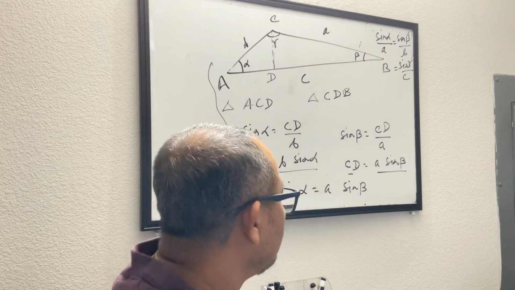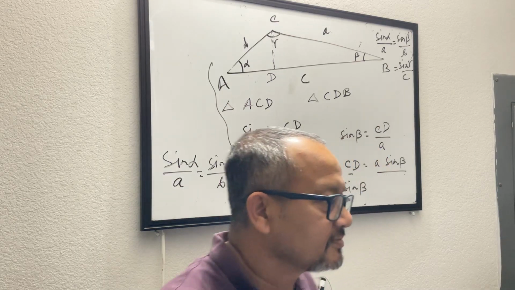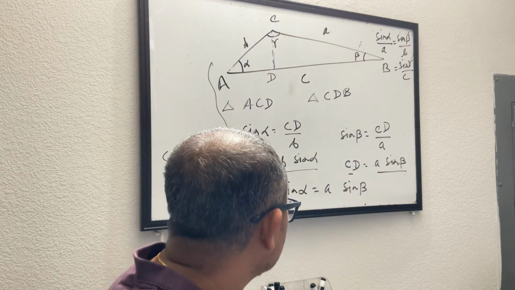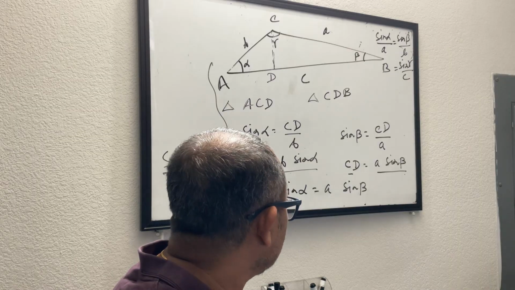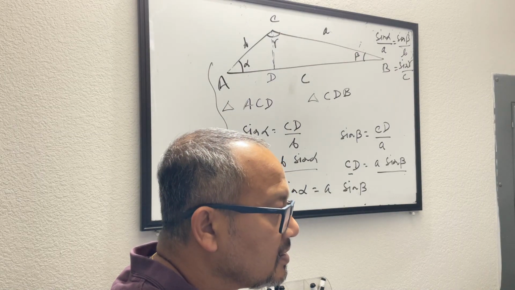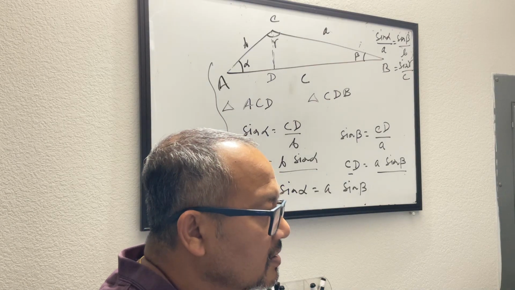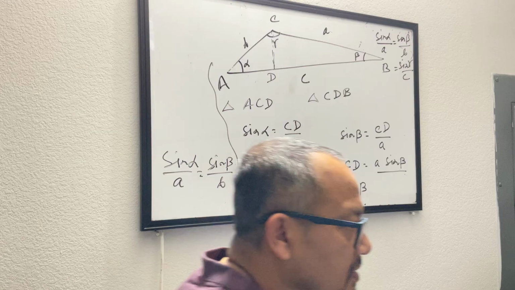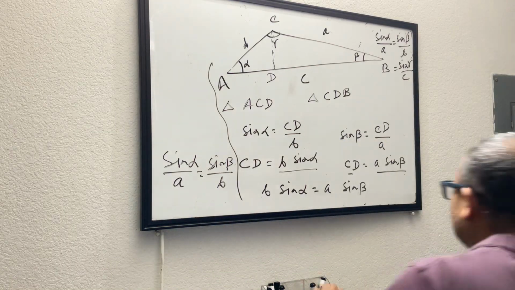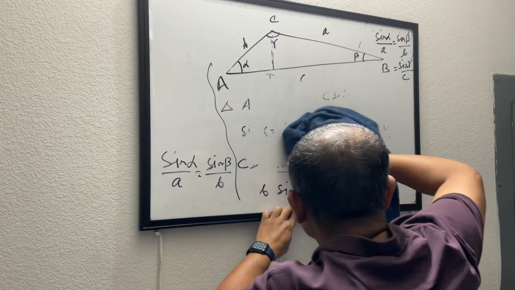Now let me take your question. What was your question? If you have B sine alpha equals A sine beta, and you divide by A, wouldn't that become B over A times sine alpha, and then if you divide by B, you're dividing sine beta by B? No, let's do whatever you are saying right now, otherwise I will get confused.